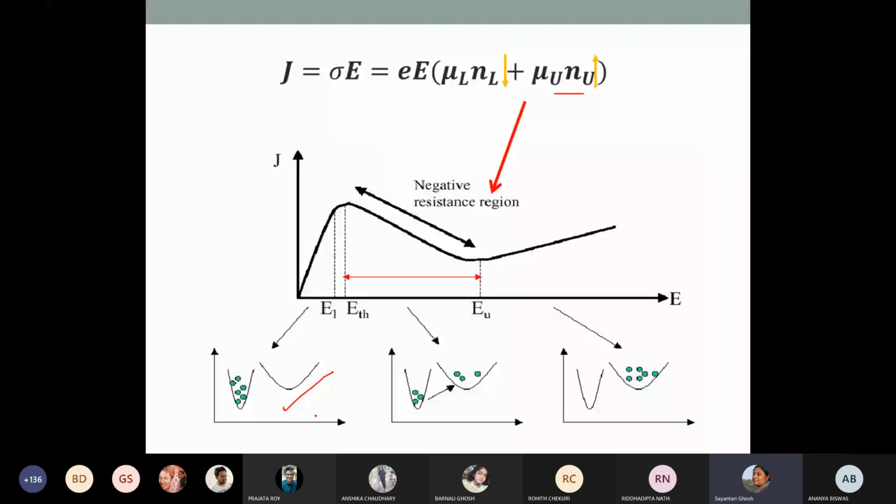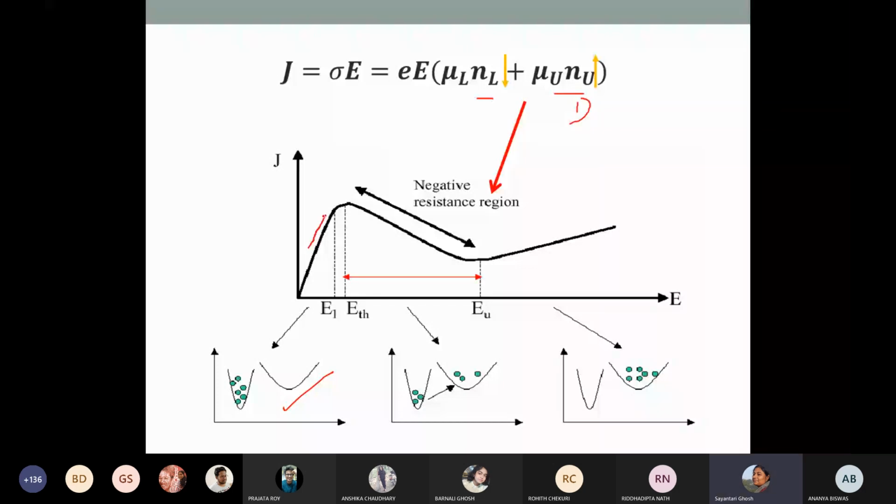So the number of electrons was growing constantly because electrons were jumping from the valence band to the conduction band as the energy increased. So N L, the number of electrons in the lower valley, was only increasing at that point in time when the energy was quite low, and none of the electrons were in the upper valley to begin with. So that is the first segment of the graph that we get, this segment.